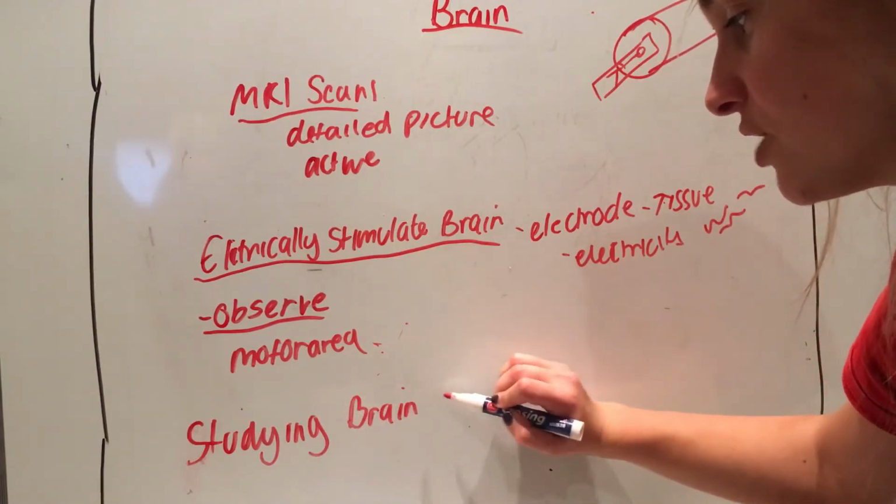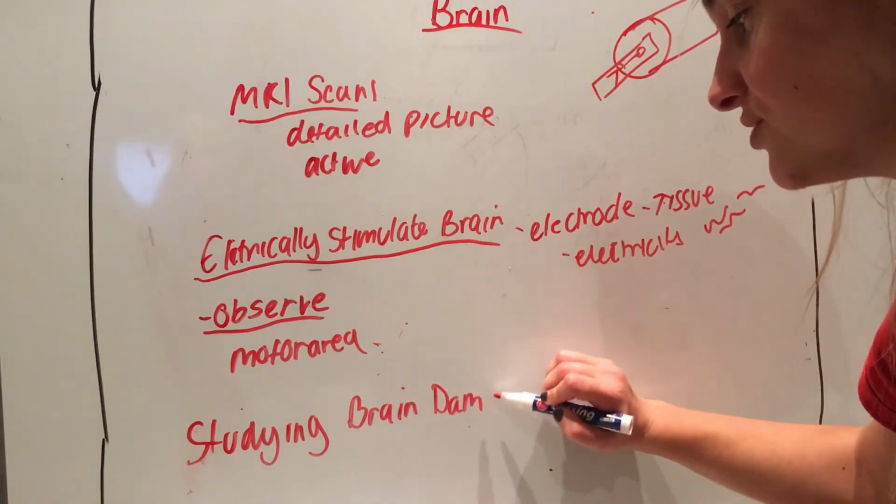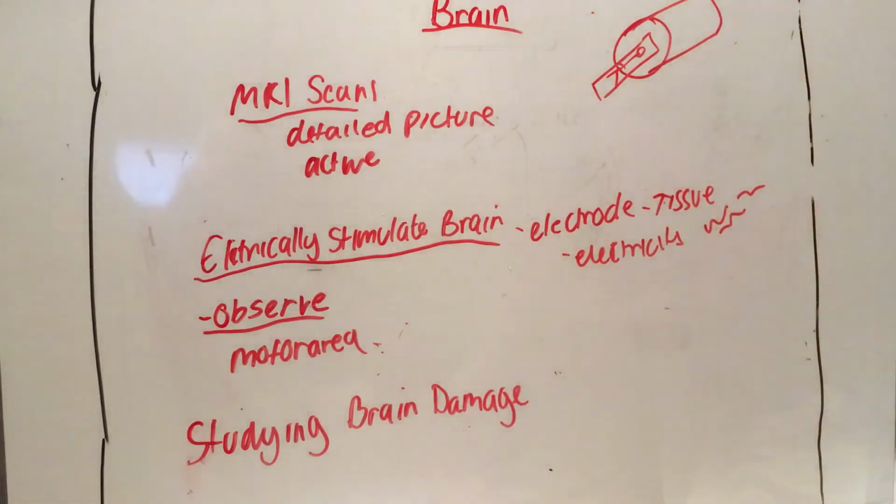Studying brain damage. So basically, brain damage is when parts of your brain are damaged, funnily enough, and you can look at a small part of the brain, see the damaged part and the symptoms of the patient, and work out connections. For example, if an area at the back of the brain was damaged by a stroke and you went blind, you would know that that part of the brain controls your vision.